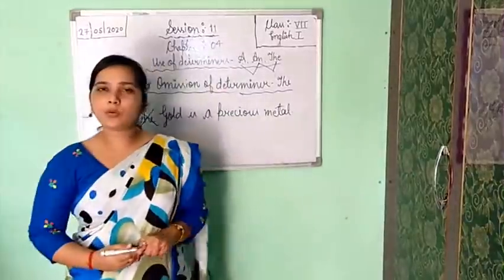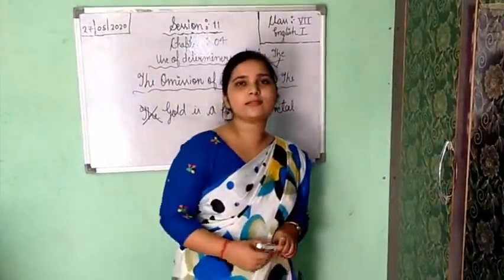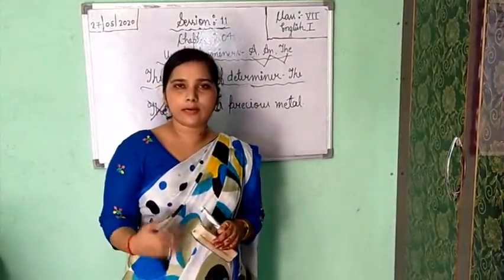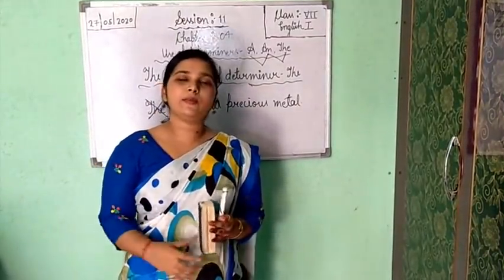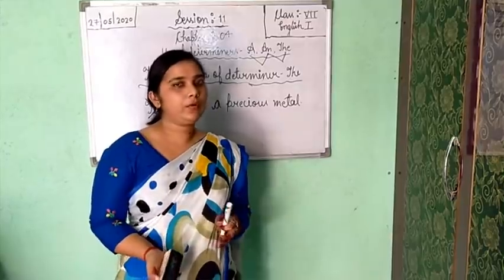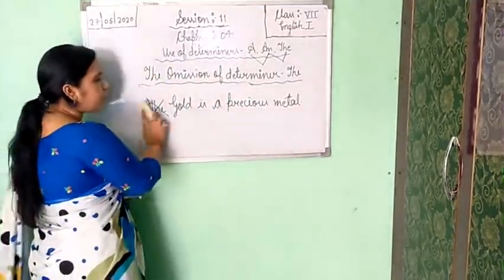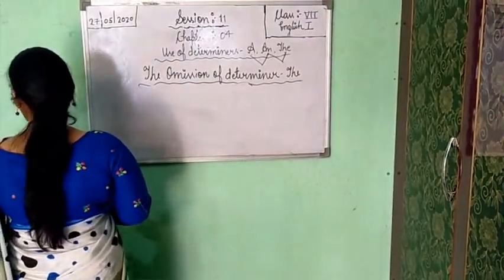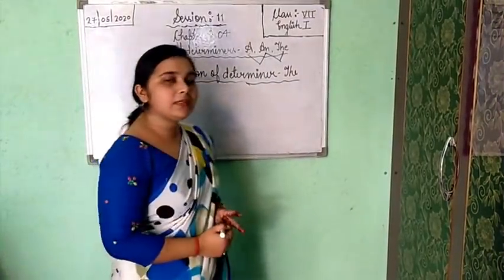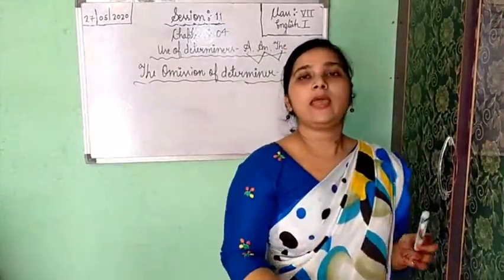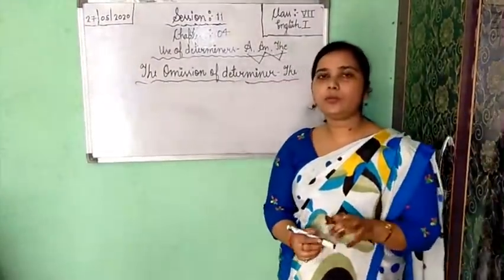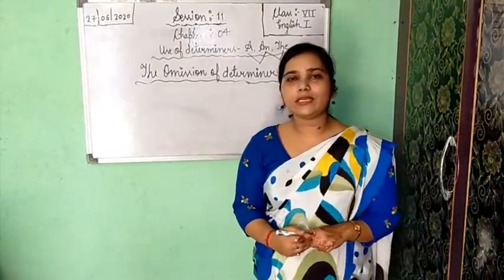Now next is, when a person speaks of his or her relative, it resembles a proper noun. As you know, a proper noun always starts with an initial capital letter, and before a proper noun we are not using the.